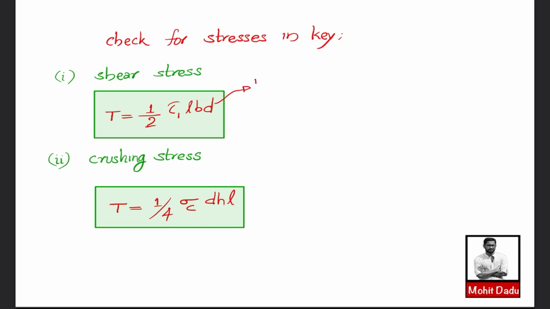This D is actually capital D. From this you can find the shear stress induced in the key material, and you will get the value of 23.41 megapascal. This is well lesser than the allowable shear strength, that is 40 megapascal. Hence this condition is safe.